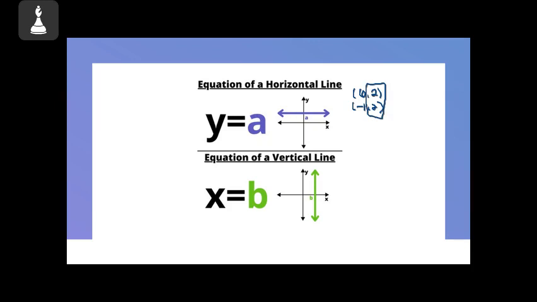The y values are the same, so the equation is going to be y equals 2. Contrary to that, the vertical line is going to be x equals some number. And if I look at points on this, it may be like (5, 1) and (5, 7). The x term is now the same, so x equals 5.